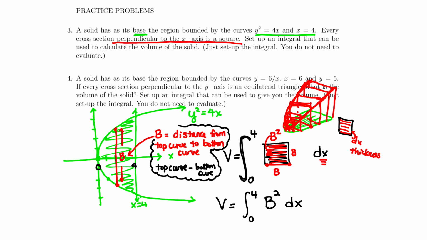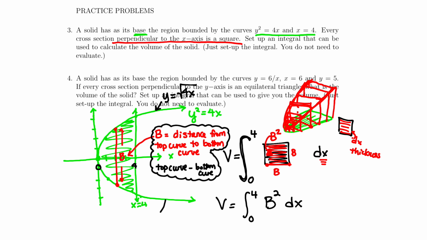Now, how do we get it? We have to identify our top curve. Somebody give me the top curve on this side of the room over here. What's my top curve? What is the equation of the top curve? Y equals square root of 4x, right in the middle. Okay, we got square root of 4x.